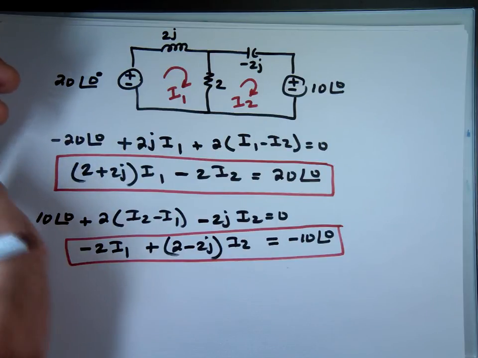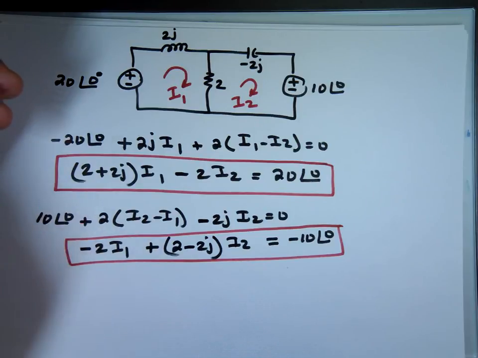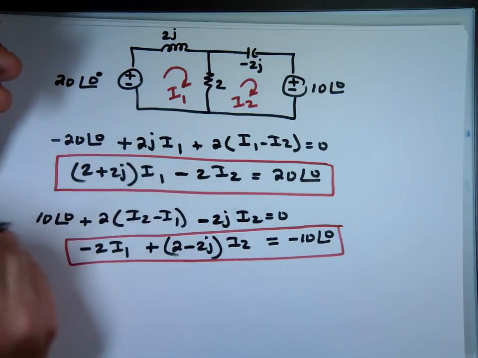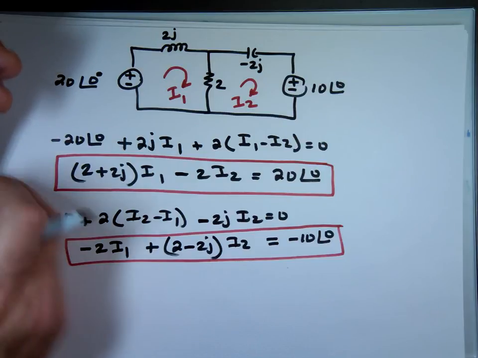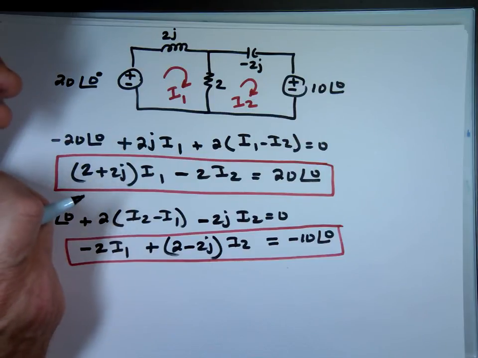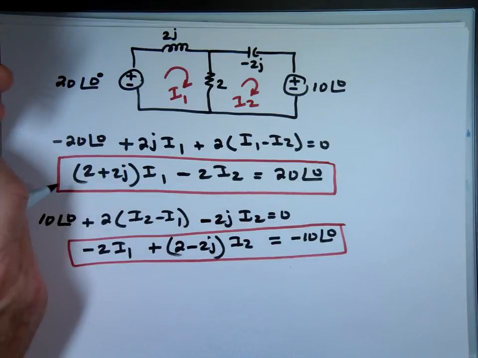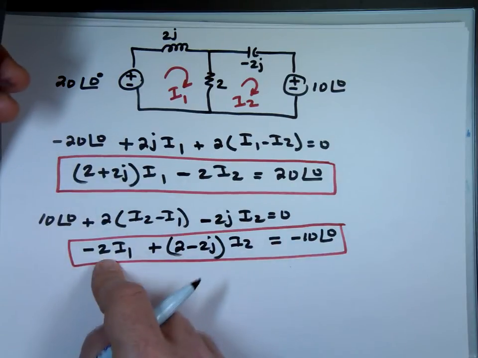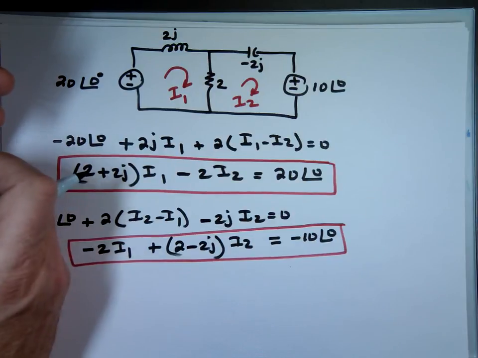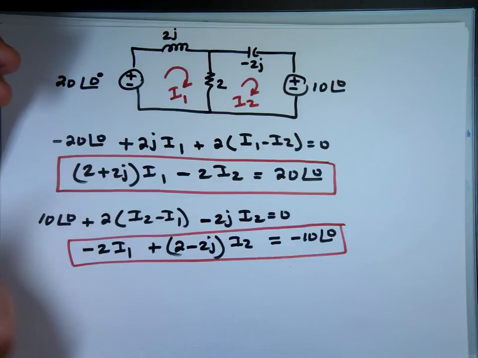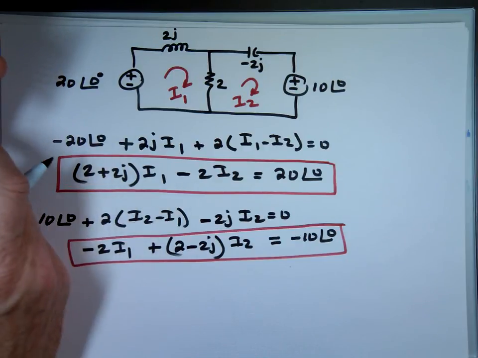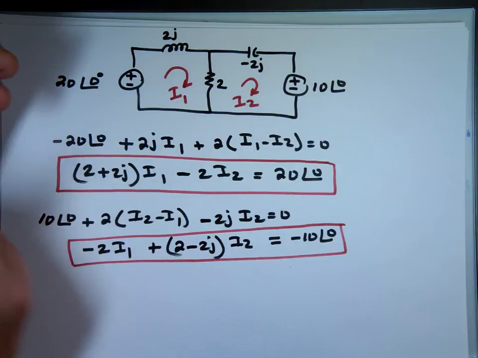Then the other one, 20 angle 0. This one is -2, 2 comma -2, and this one -10 angle 0. Solve.